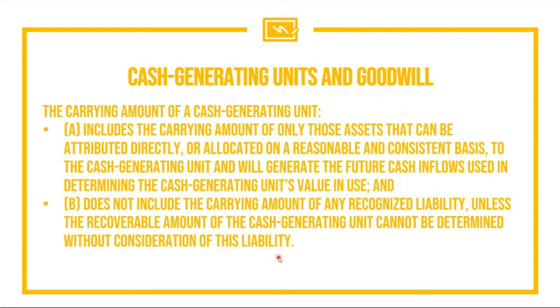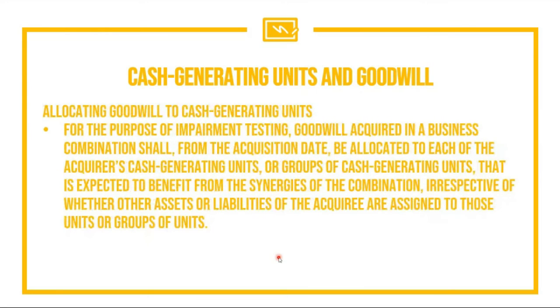So, basically, to make it simpler, in determining the carrying amount of the CGU, you get the value of all the assets and any liabilities that are directly attached to that particular asset, such as mortgages or whatever types of liabilities that will always be attached to the asset whenever it is going to be the subject of any transaction. Okay? So, allocating goodwill, okay?